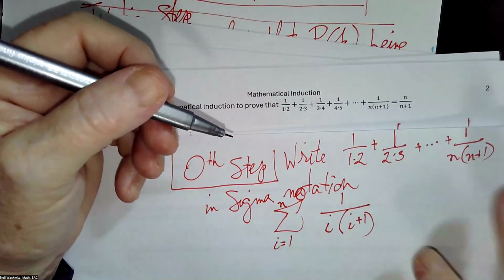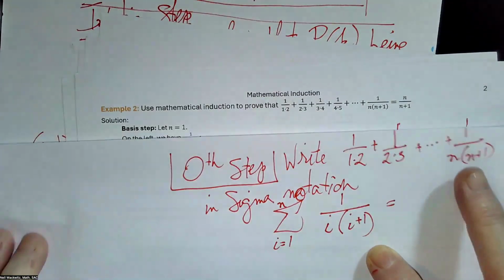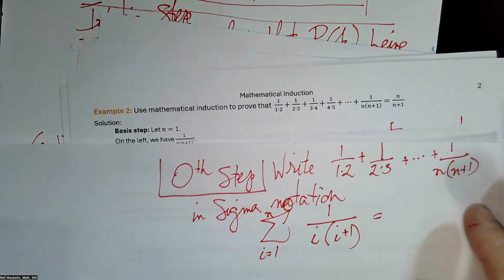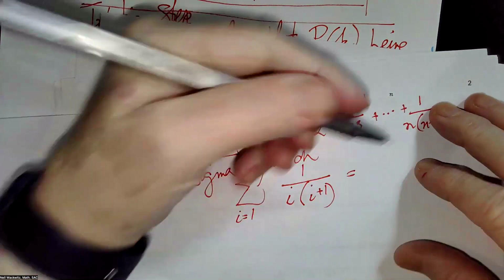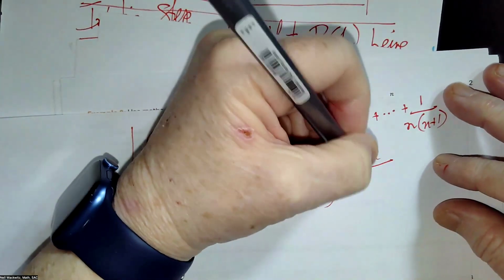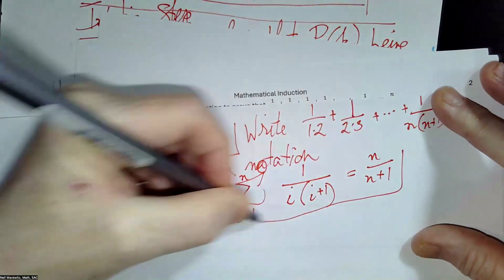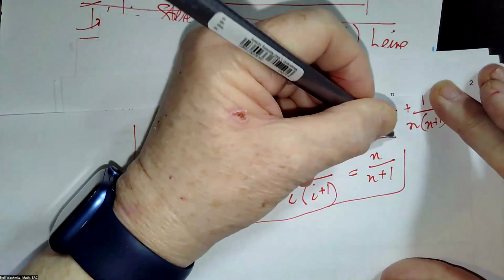So we're going to add these, and we want to show that this is equal to n over n plus 1. So here is the rule we are trying to prove.